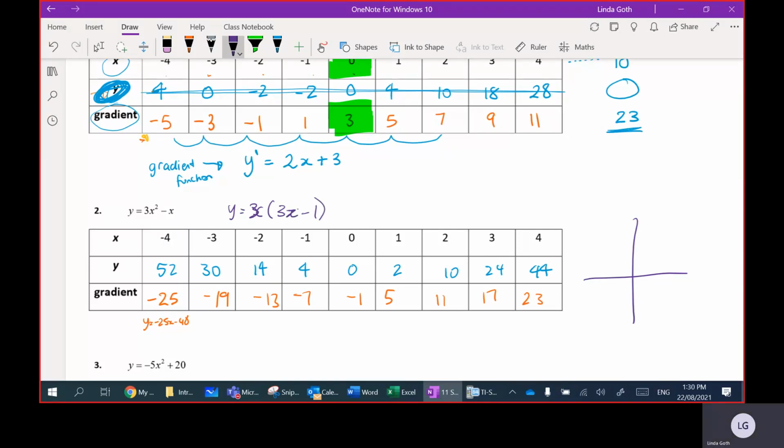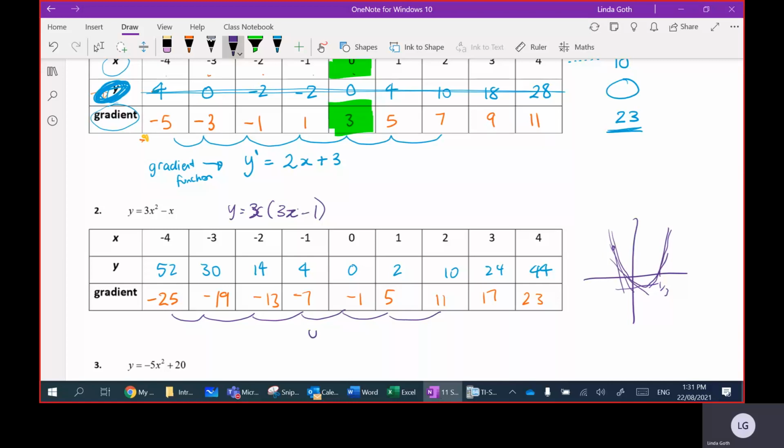We're looking at a concave up parabola which cuts at 1/3 and at 0. And we're having a look at the gradient at all these different spots. So it made sense that they went from negative to positive. I'm hoping you saw the pattern. So the pattern here was that these were going up by 6 each time.